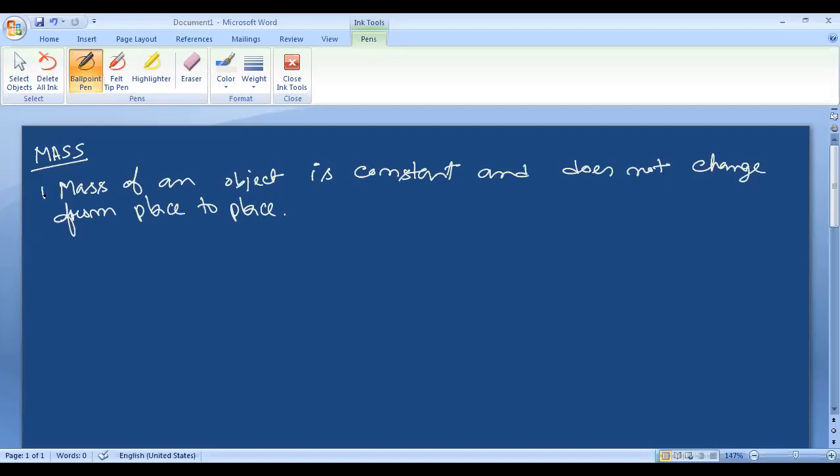So this is the first property: mass of an object is constant and does not change from place to place.